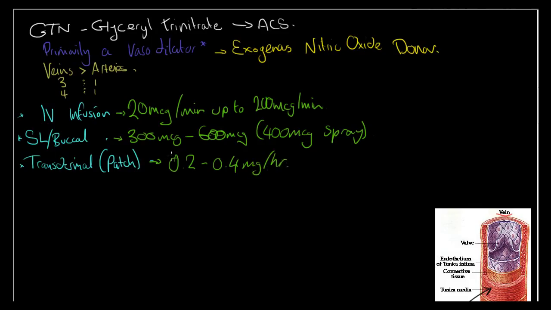So that's our patch release, if you like. Normally these will be taken off at night, so the patch might say 24 hours, but the patient will usually take it off at night and then put it back on in the morning. This is due to the body's ability to build up a tolerance quite well to GTN.